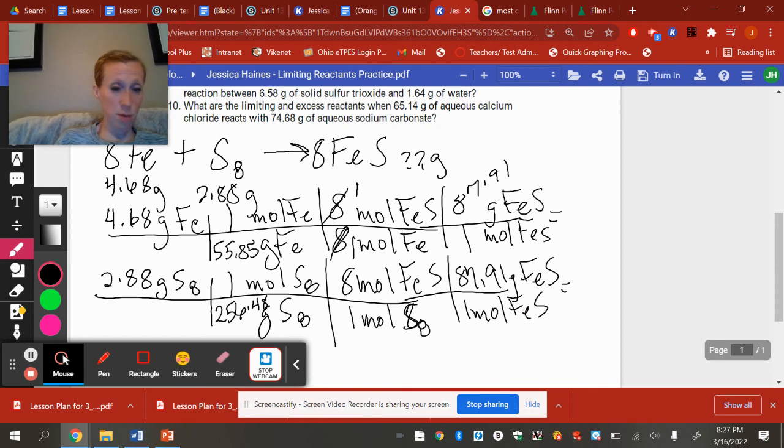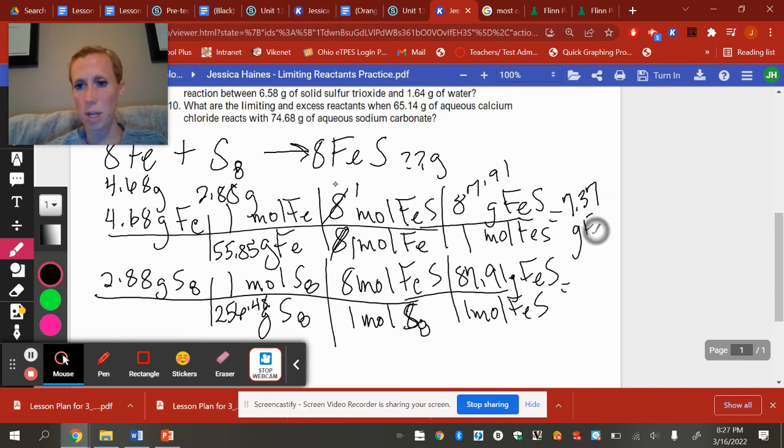Okay, so I'm doing my math, hopefully right. 4.68 divided by 55.85 times 87.91. 7.37. You should be putting this all on sheets of paper. So 7.37 grams of FeS, because you're going to turn in the sheet of notebook paper.